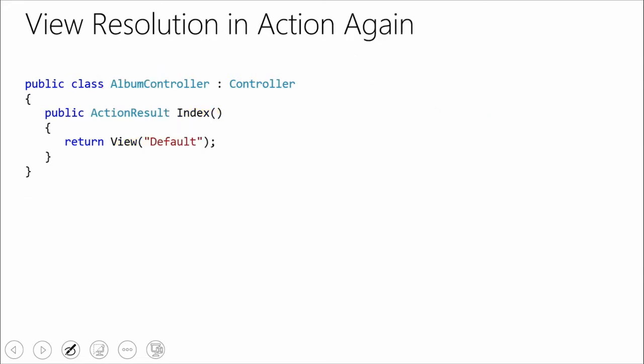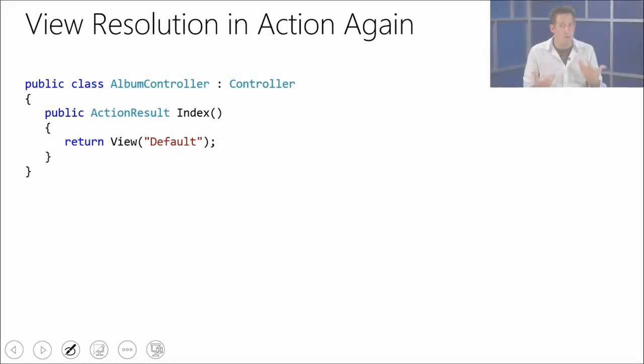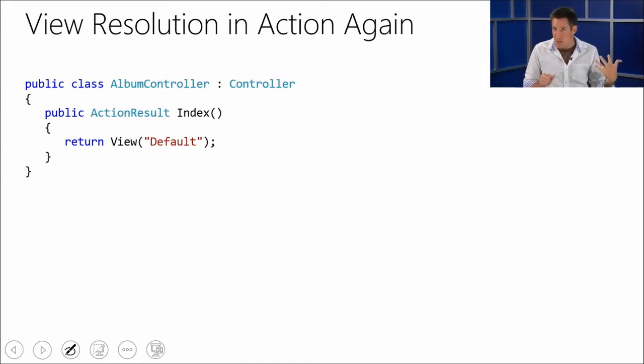Now, let's say, for example, that we wanted to share views. A perfect example of this is Edit versus Create. Generally speaking, the difference between Edit and Create as far as the form goes is that Create is blank, and Edit will automatically be pre-populated with the data from the item that you are now looking to edit.